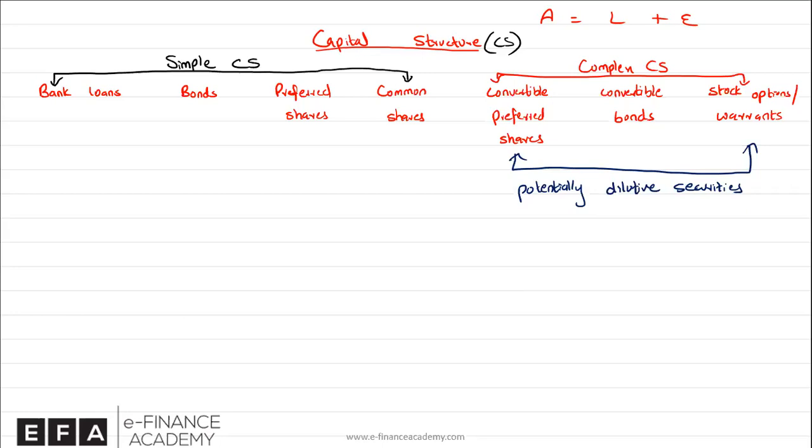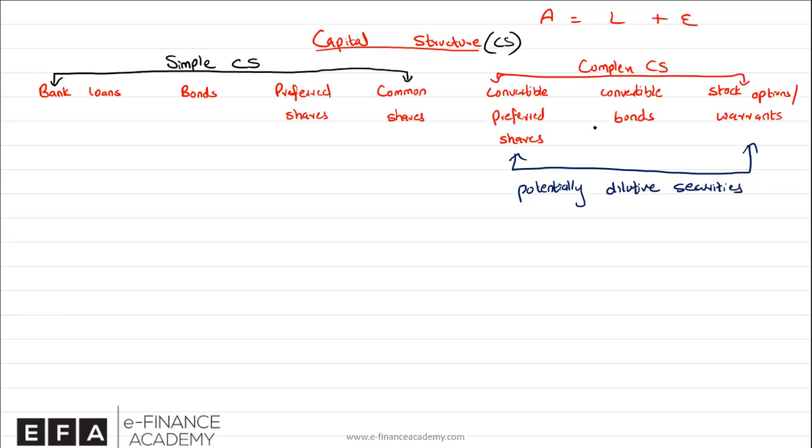common shares. So the reason why these are called potentially dilutive securities is because if they are converted, or if the form of these securities changes, that might bring the EPS down. So let's suppose the company has issued some convertible bonds, and what if today those bonds are converted into common shares?